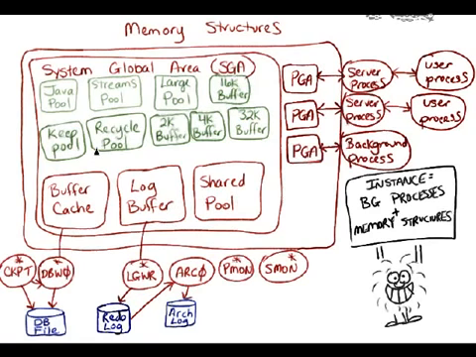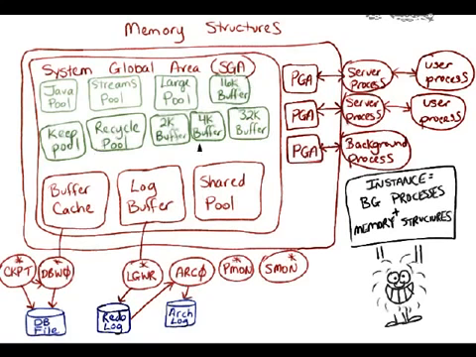If we need to do a full table scan, for example, we need to grab all the rows in a table, and we don't want it to clog up our main memory, our main buffer, then we can have this go to the recycle pool. And so if we happen to need this data, then it's there in the cache. However, it's not taking up space in our buffer cache.